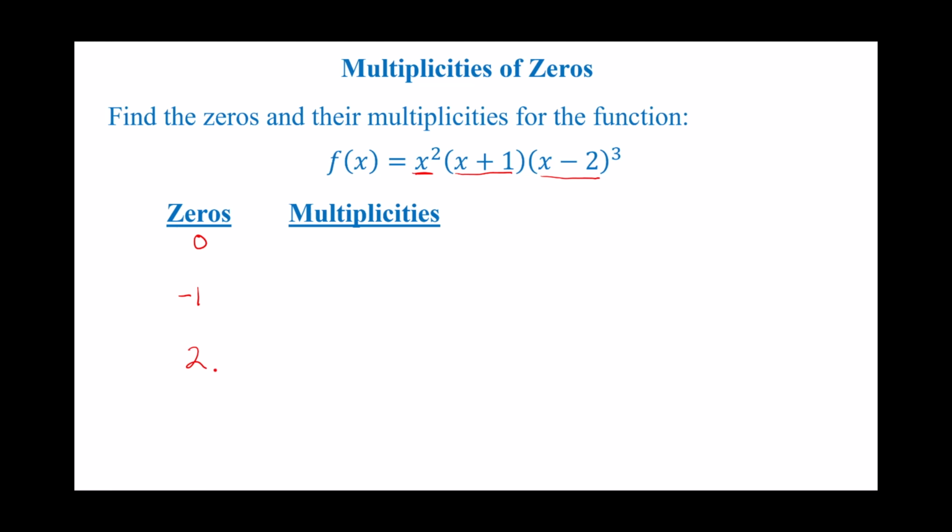The multiplicities are just the power on each of those factors. So 0 has a multiplicity 2 because that's x squared. Negative 1 has a multiplicity 1 because it says x plus 1 to the first power. And 2 has a multiplicity 3 because we have x minus 2 to the third power. Knowing these multiplicities will help us graph the polynomial.